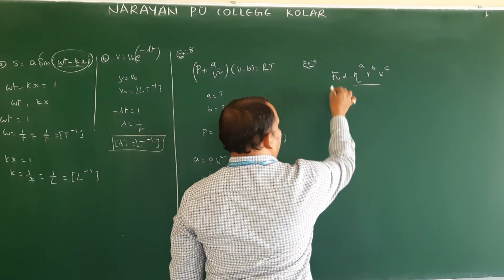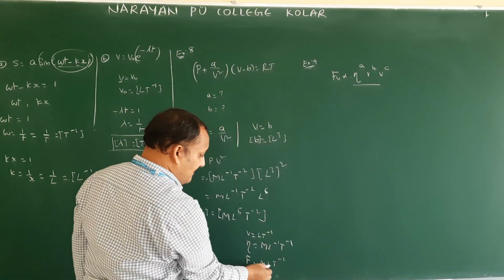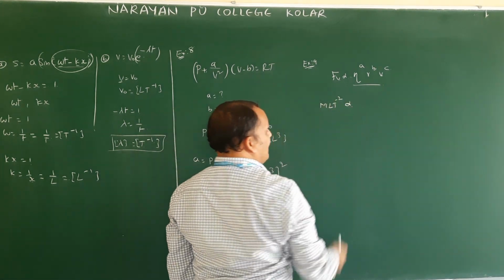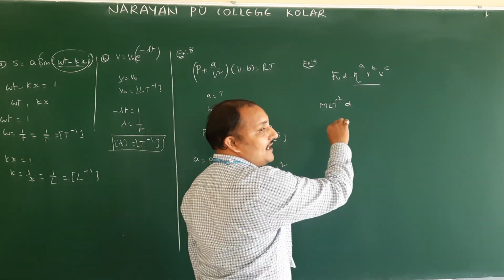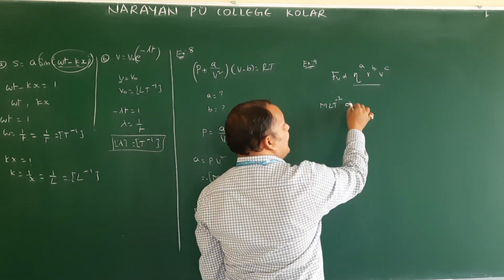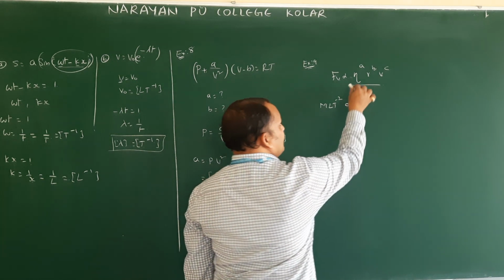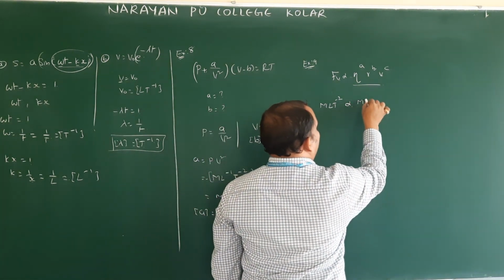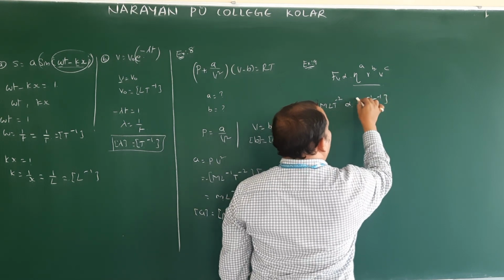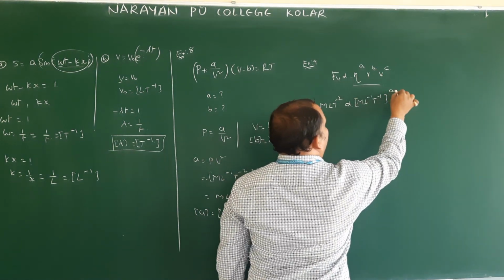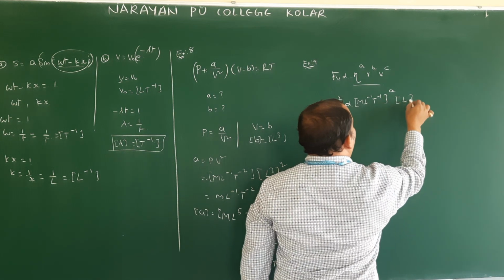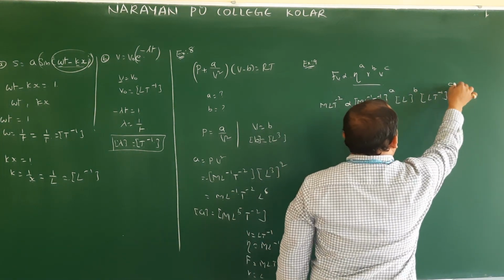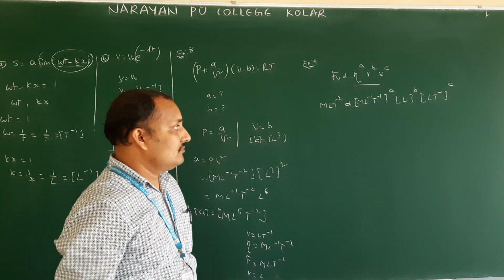So F, what is F now? M L T power minus 2 is directly proportional to, or equal to, also you can write, because whenever you write directly proportional you will write one constant. So eta means M L power minus 1 T power minus 1, whole power a. r means radius, whole power b. v means velocity, L T power minus 1, whole power c.